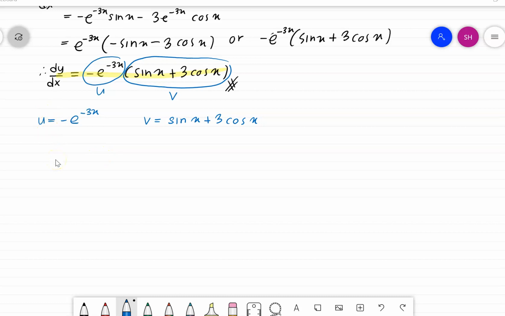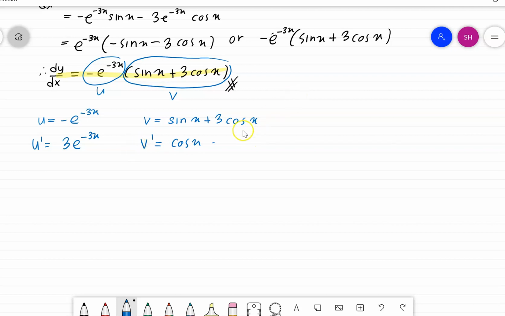Then we find u prime. U prime is 3 e to the negative 3x. Okay. Copy exactly and then times by differentiate the power, you get negative 3. So negative should be positive. For v prime, differentiate sin is cos x.